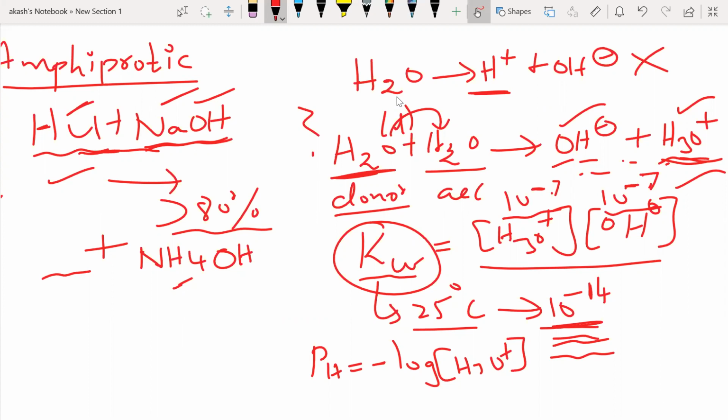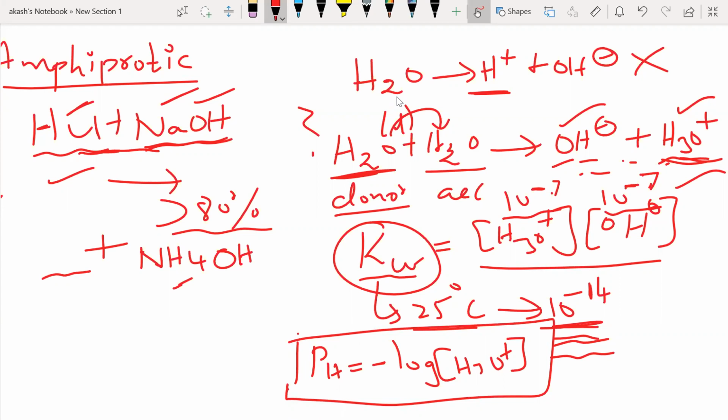Guys, you will be using a lot of log terms here. You have to be good with logs, not like looking at log books and finding the value, but the mathematical operations you can do on logarithms. We already discussed it. So this is the pH formula, a very, very famous formula.